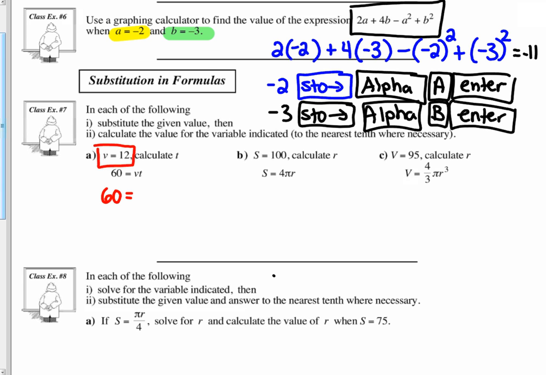We say sub first, then use algebra and rearrange. That actually makes it a lot easier because you get 60 equals, what's v? 12 times t. And so it's very easy to see what we need to do. What do we need to do to isolate t? Divide by 12. Do you know what 60 divided by 12 is? Good.